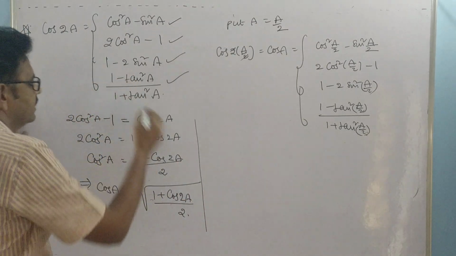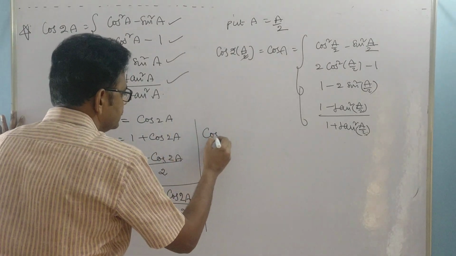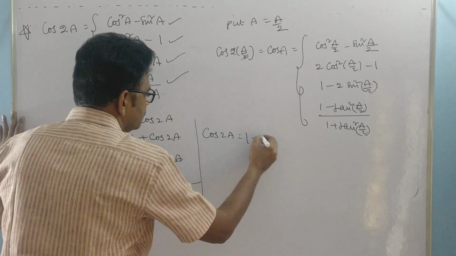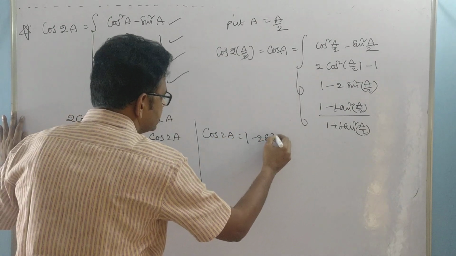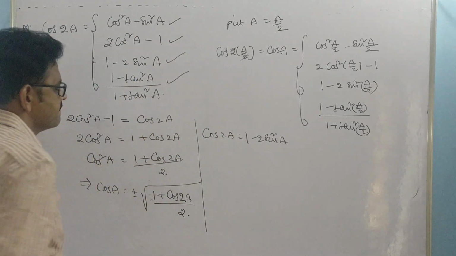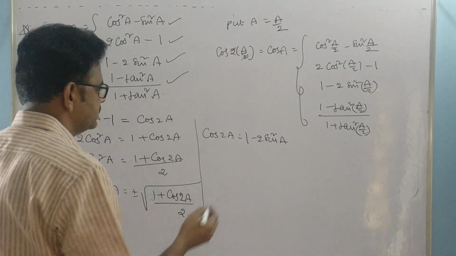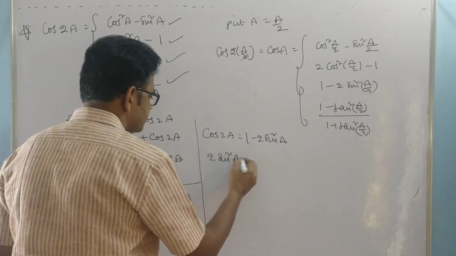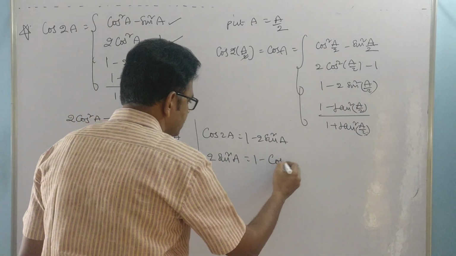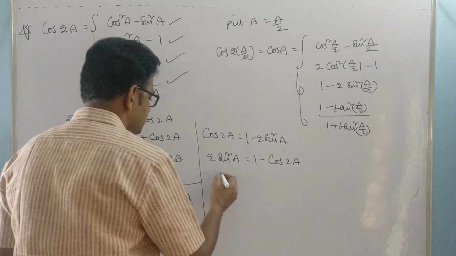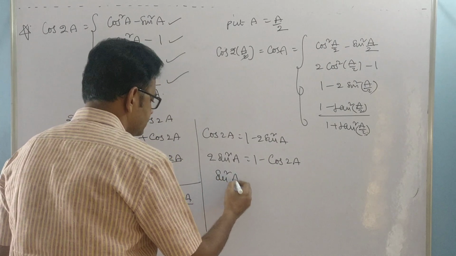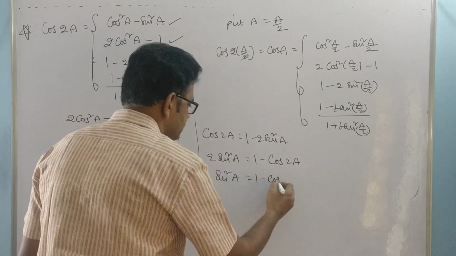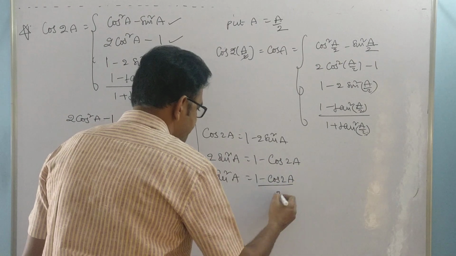And also, cos 2A is equal to another formula, 1 minus 2 sin square A. Take this side: 2 sin square A is equal to 1 minus cos 2A. Sin square A is equal to 1 minus cos 2A by 2.